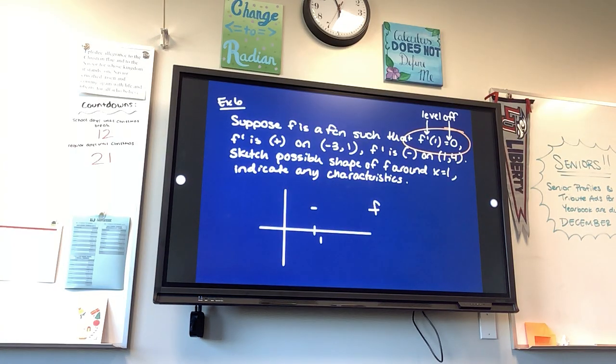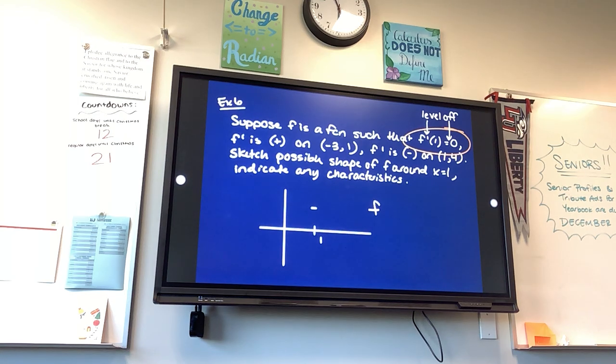Then you have to look at the other information you're given, what's happening on the left and the right of 1. So what interval is the left side of 1? Note that those are intervals, not coordinates. You have 2 options up there. Okay, the positive.